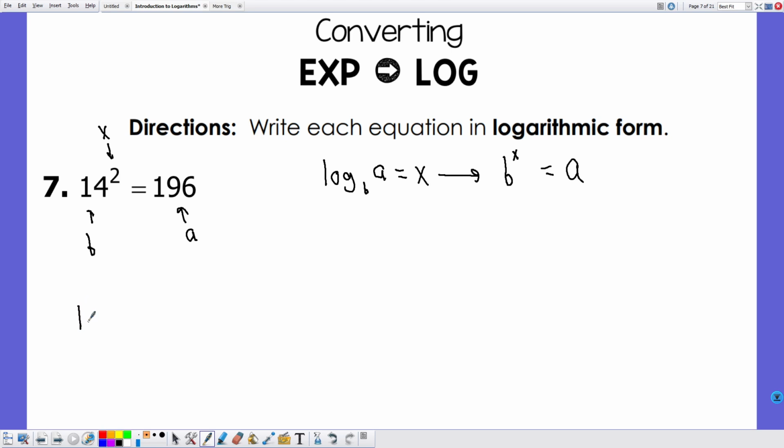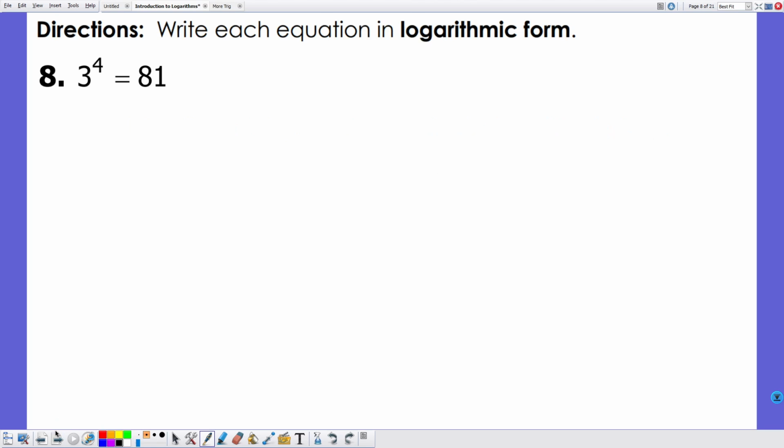So we have log base 14 of 196 is equal to 2. Really, just keep track of what the form is. This one is log, our base is going to be 3. And remember, what do we say?